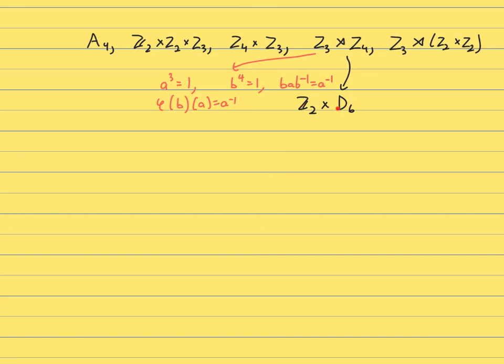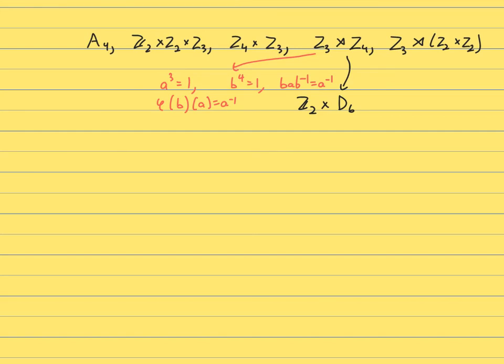D6 is the symmetry group of the triangle, so it has a 3 cycle. So when you multiply here, you have an abelian group of order 6. Here, do you really have an abelian group? Yeah, it looks like you do also have an abelian group of order 6, so that's not the contradiction, is it?